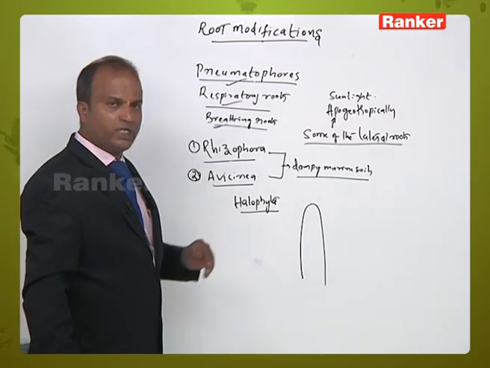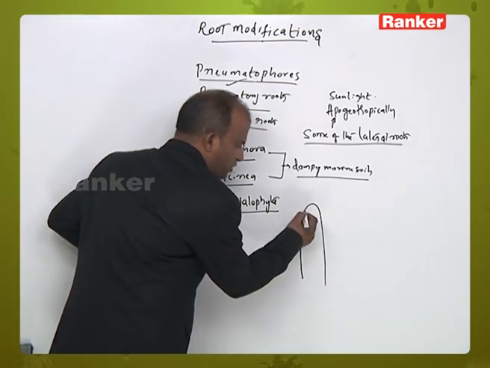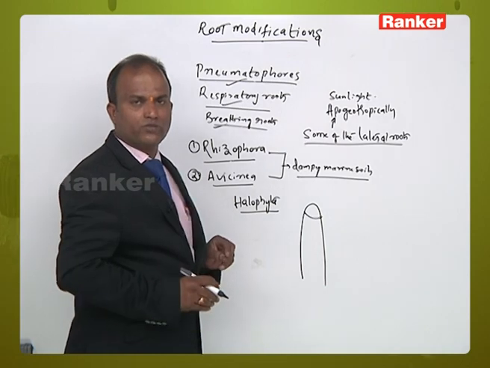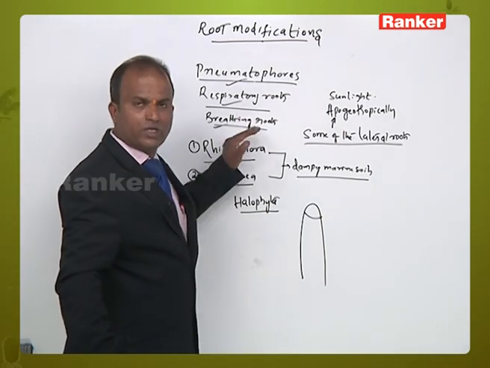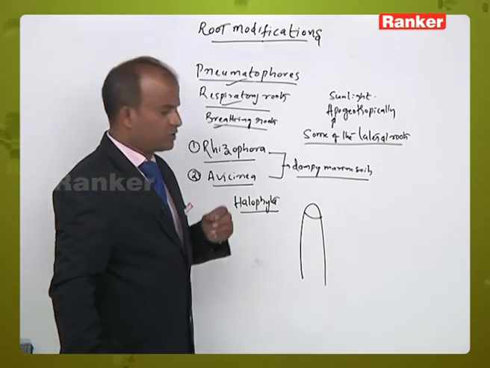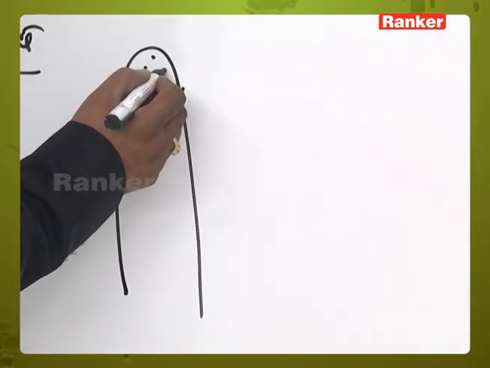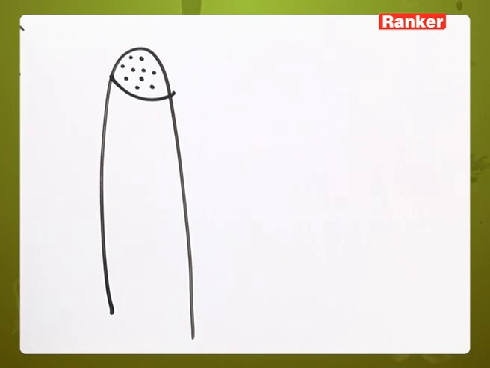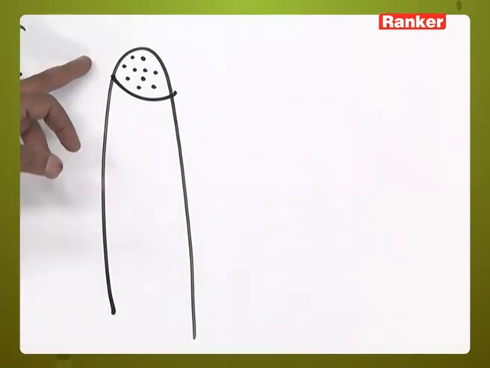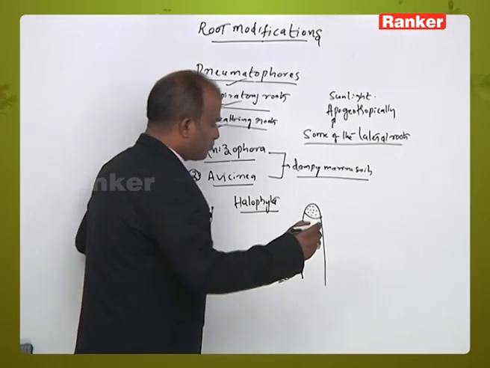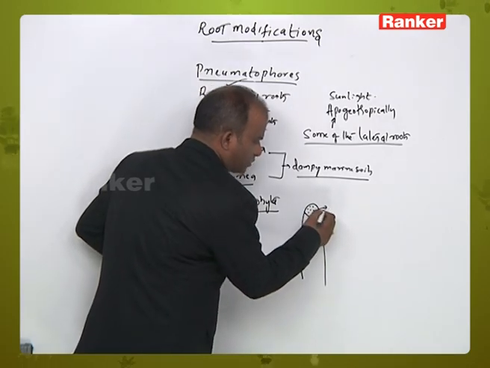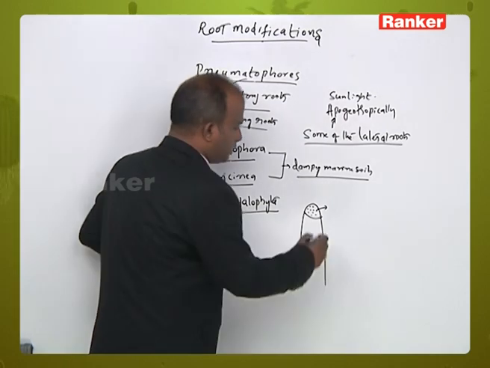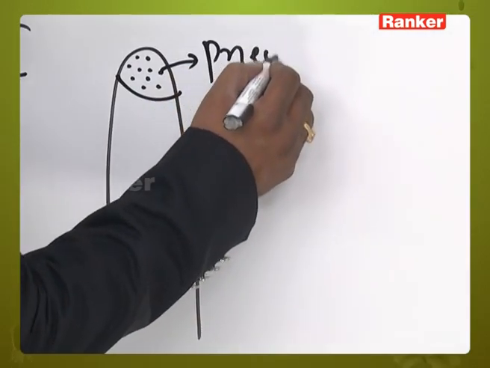Towards the apical portion of the nematophores, or respiratory roots, or breathing roots, small openings are present. These small openings present towards the apex are nothing but nematodes.